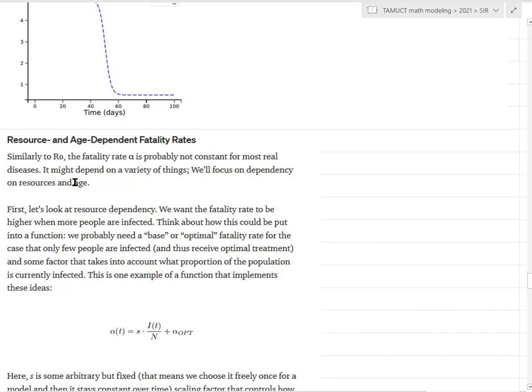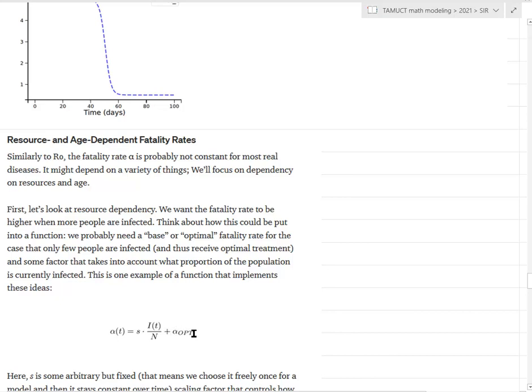So the fatality rate may depend on the number of infectious people. That's what this equation models: the fatality rate depends on what proportion of the population is infectious. So here we say that the fatality rate is some proportionality constant S times the proportion of infectious in the population plus some base fatality rate.